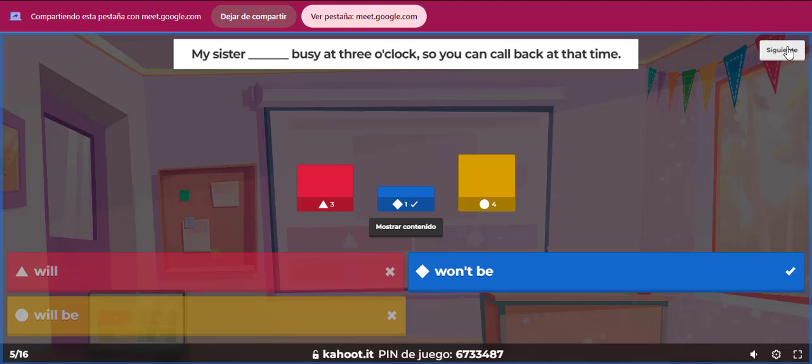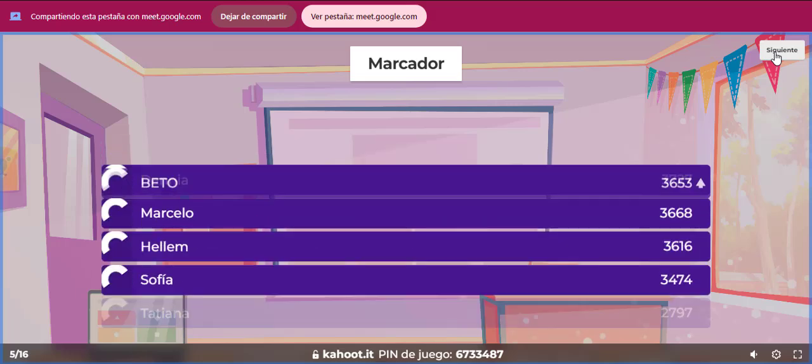Up to there, that would be correct in terms of grammar and content. But when we add the other part, so you can call back at that time, it would no longer make sense. So that's why we have to use the negative. My sister won't be busy at 3 o'clock, so you can call back at that time. Here the grammar of the structures didn't fail you, but the content. Very good to the person who got it correct.